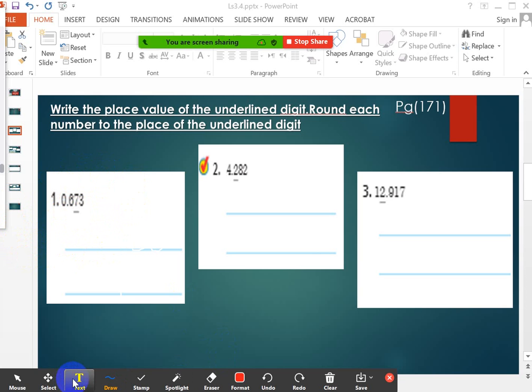Hundreds. Excellent, Aryam. So first I will write the place value and then I will round it. The place value here is hundreds, right? As you said. So I will write hundreds. Don't forget the TH in the end.